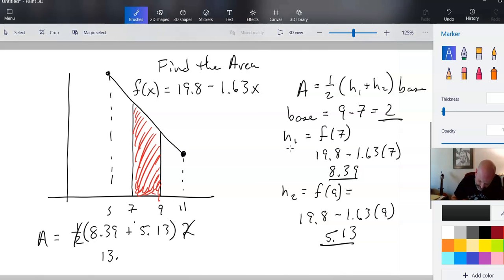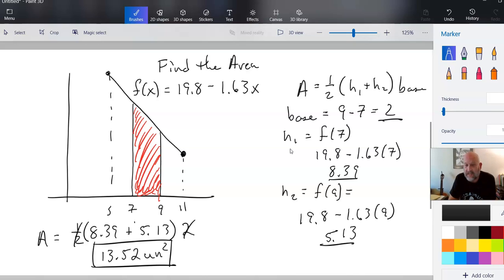And that's our area. 13.52 units squared. Now, it's units squared because I didn't give you feet or centimeters or meters or miles or any unit of distance. So all areas are given in the square units of the distance.